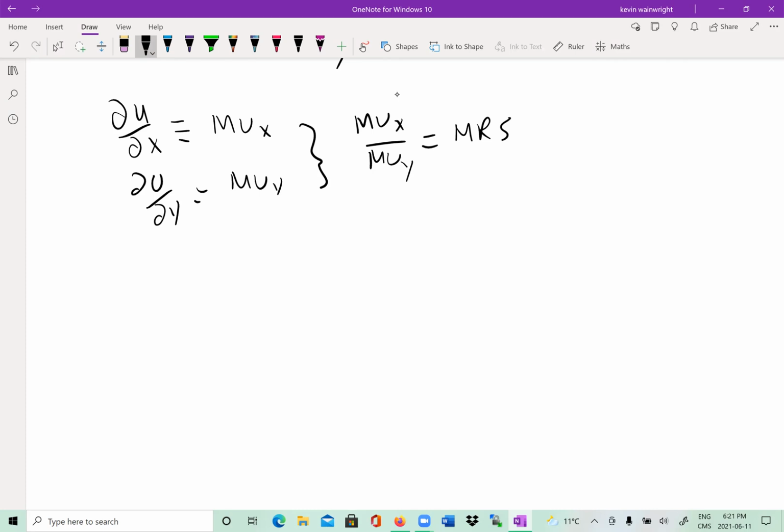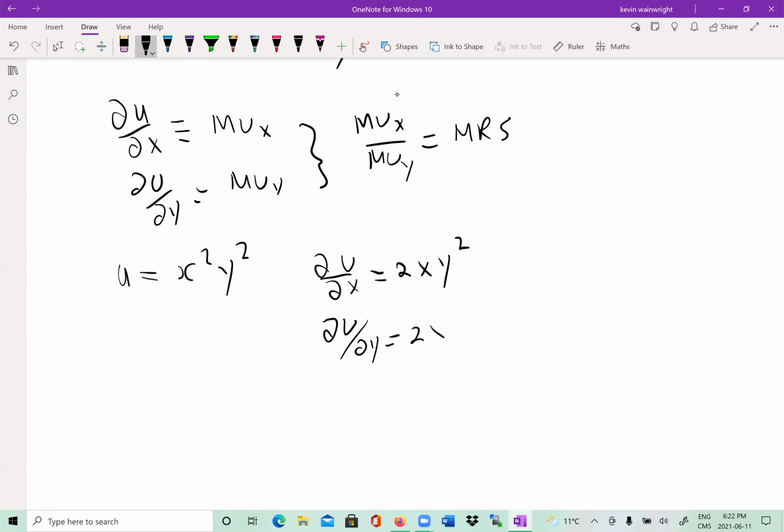Okay. Now, what I can do is look at a couple of utility functions. So if I have the following, U equals X squared Y squared, then dU/dX is equal to 2X Y squared, dU/dY is 2X squared Y. Okay.